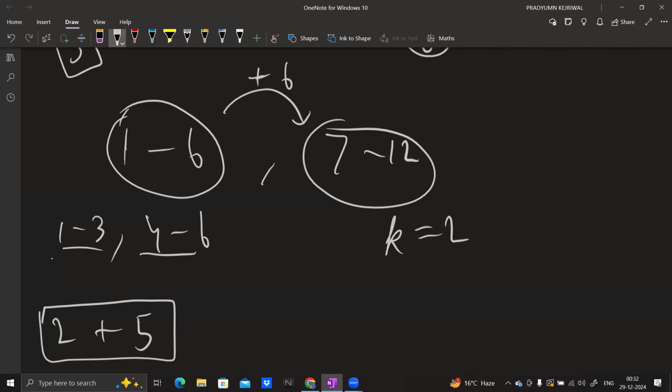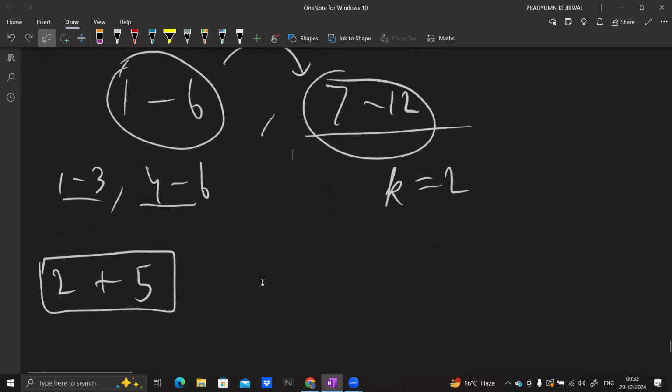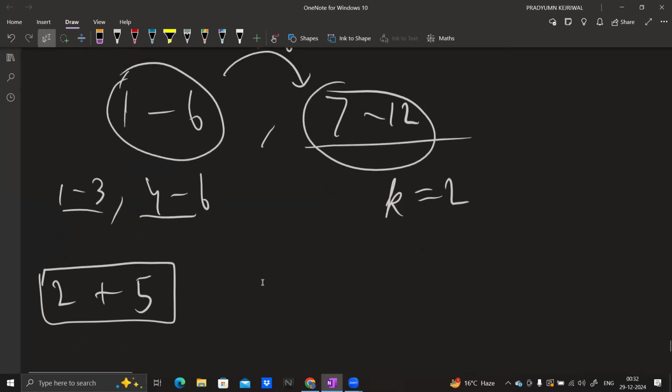So guys, tell me what is the answer for 7 to 12? How will you calculate? Or tell me what is the answer without calculating. 13. 13 is not the answer.